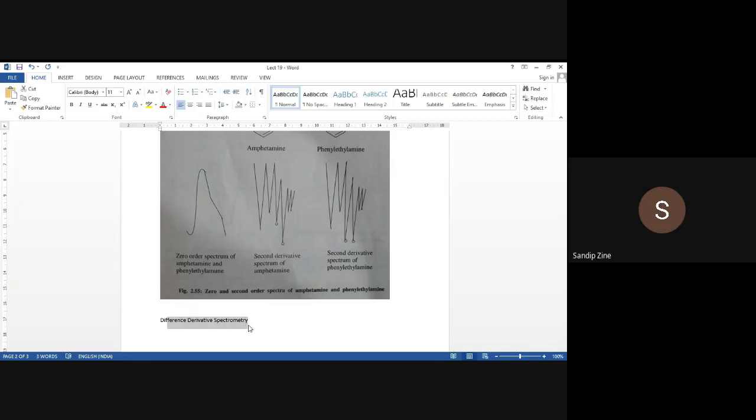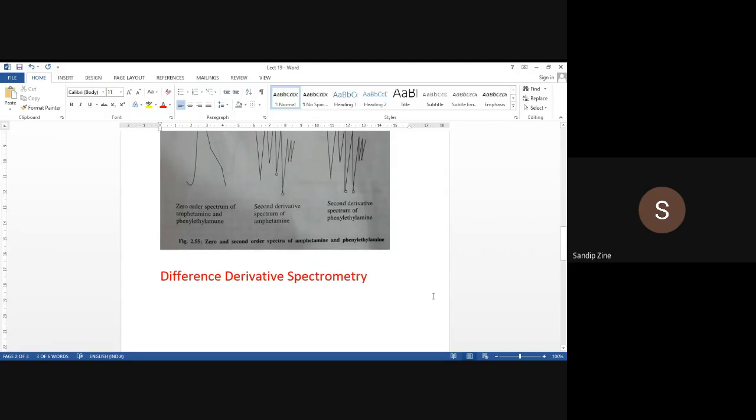So, difference derivative spectrometry and derivative spectroscopy. Now you have got clarity about derivatization, isn't it? Now we will talk about difference derivative spectrometry. What it is exactly.